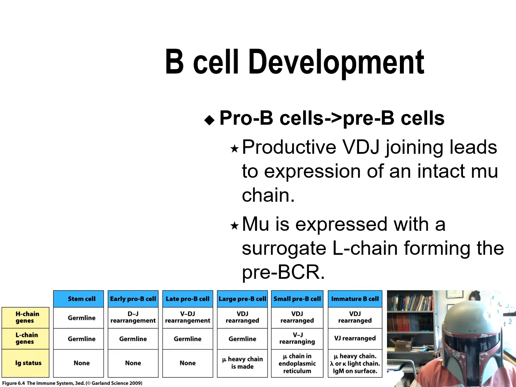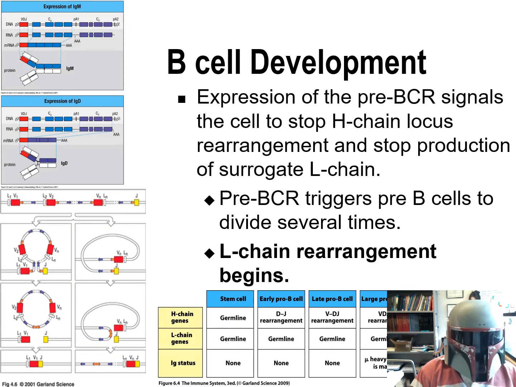So this concept of a surrogate is going to be really important as we move through T cells as well. So try to keep track of, again, the things that are the same in B cells and T cells and the things that are different. So review, review, review.